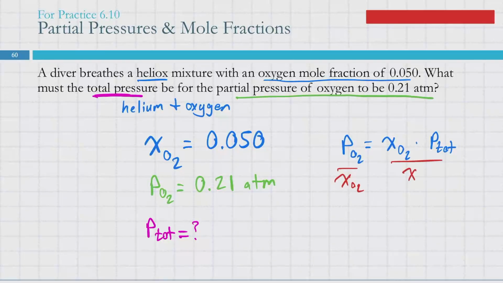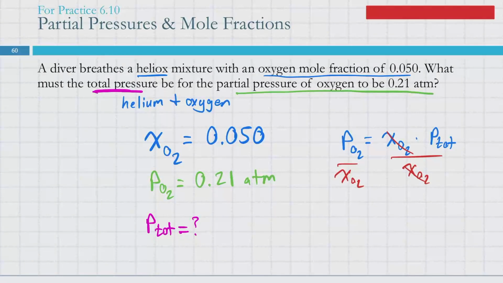So dividing both sides by the mole fraction and then flipping left and right, our total pressure is our partial pressure of oxygen divided by our mole fraction of oxygen.